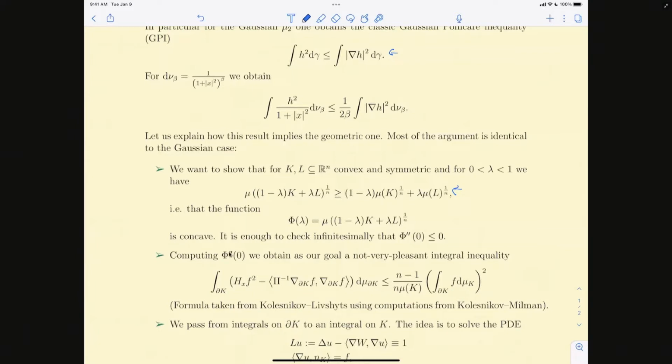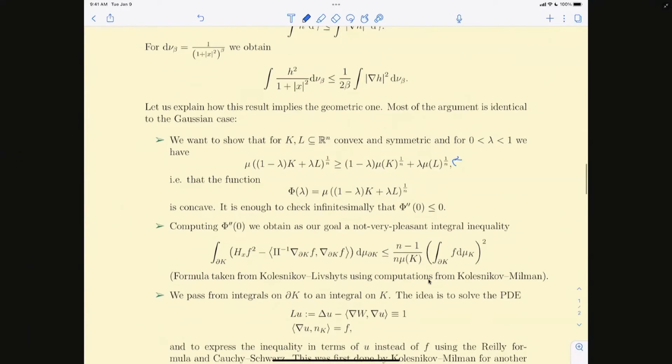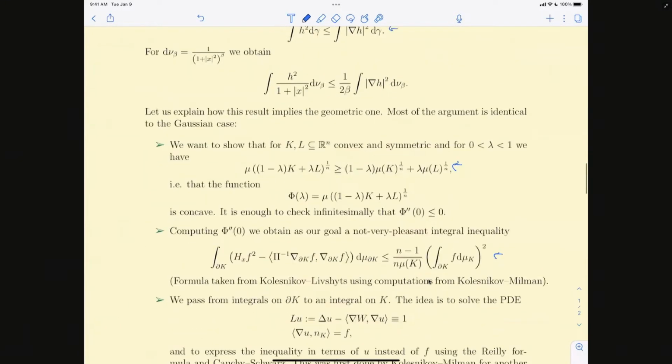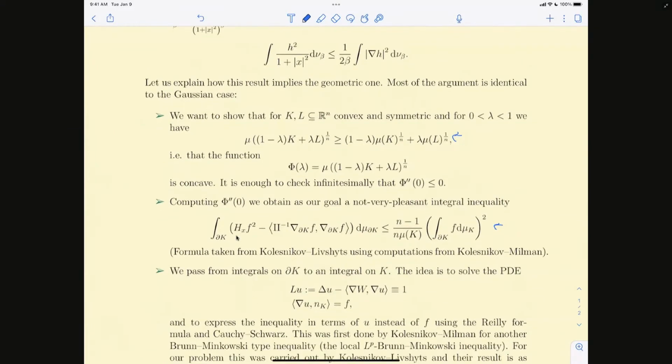So then you compute the second derivative, and it's a little bit messy, but you can do it. And in this case, here is the formula you get. This is what it means to check that the second derivative is negative. Now, I know this is messy. You don't have to really read it. It's not really important. I'm not even going to explain what is this h and what is this 2.